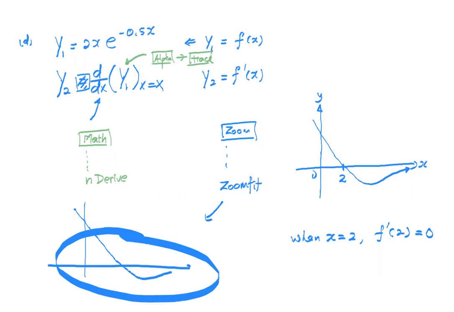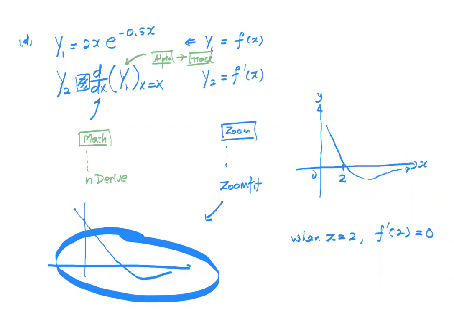Go to window and play around with it, please. Maybe I should sketch my graph not in this way, maybe I should sketch my graph in this way, like that. You play with the window.